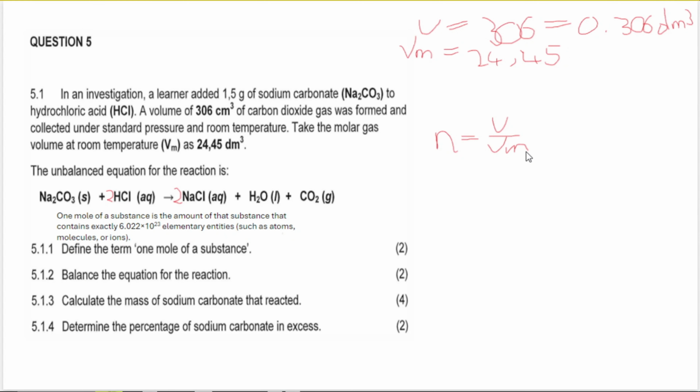Okay, and we can use the number of moles and use the ratios to get the number of moles for sodium carbonate, and then we can convert that into mass. So do you understand what we're getting at?